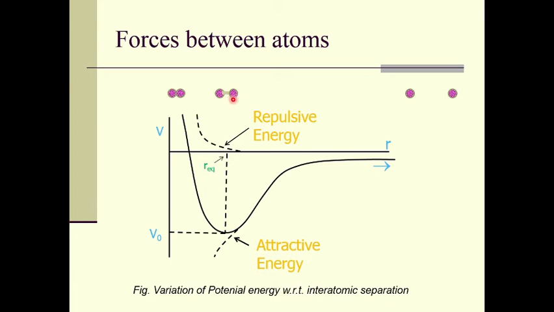When the atoms come closer and form the bond between them, the potential energy decreases. There is a minimum in the potential energy, and again if we force these two atoms to come closer further, the potential energy rises, right.